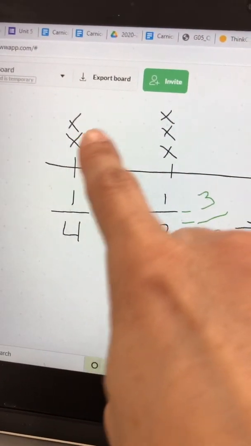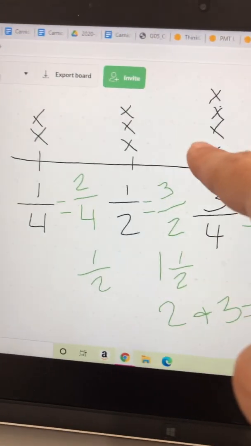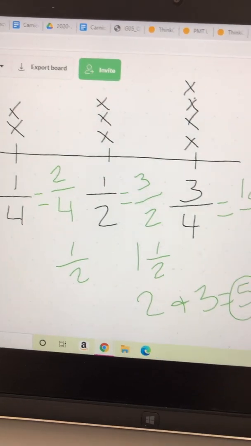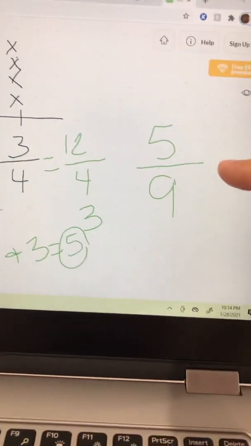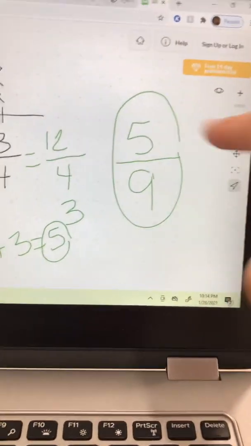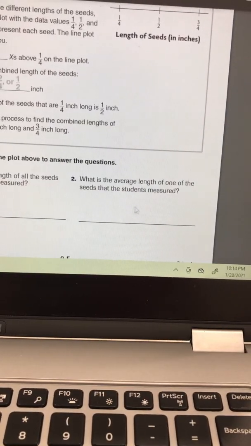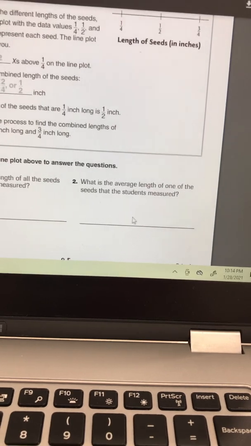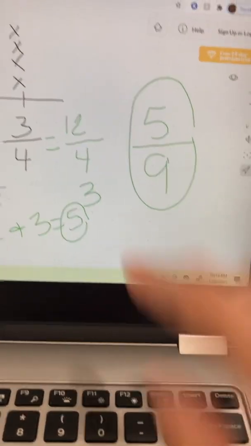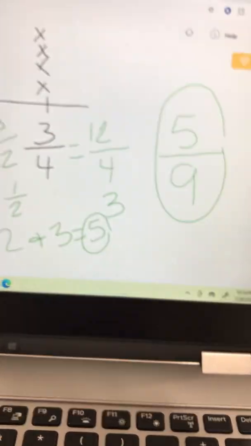So here we have 2, 4, 5, 7, 9. Okay, so our average is 5/9. So we would write 5/9 on this line for the answer. Let me count and make sure. 4, 7, yeah, 9.